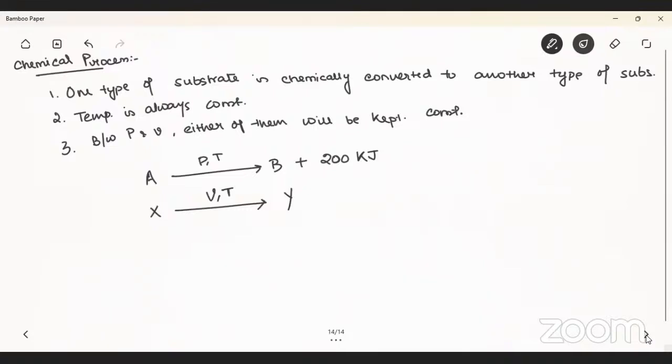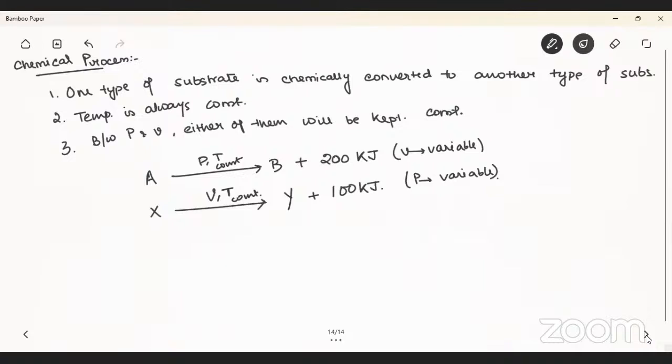Volume and temperature. I told you either pressure or volume will be constant. So here volume is variable, and here pressure is variable. Is this part clear so far? These are the constants, and along with this, 100 kilojoules of energy is released.